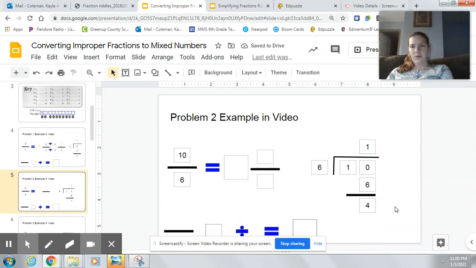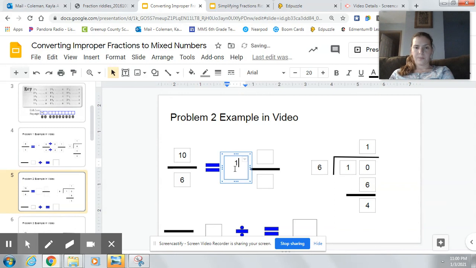And then we have to figure out what's our mixed number. Well, 6 went into 10 one whole time, so 1 is my whole number. 4 is my remainder. It's the number of pieces left over, so 4 is the numerator. 6 is the denominator, so it stays the same. So we have 1 4/6.